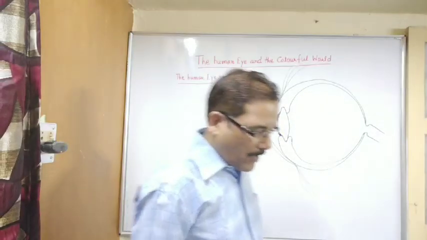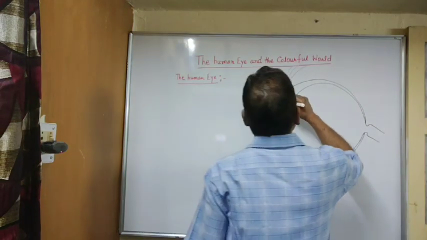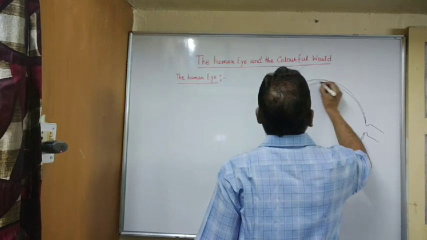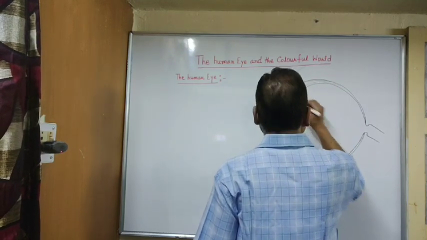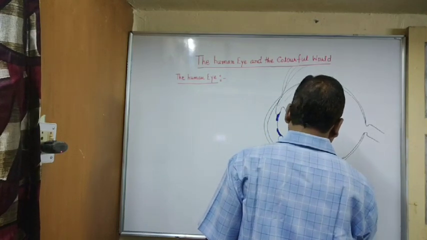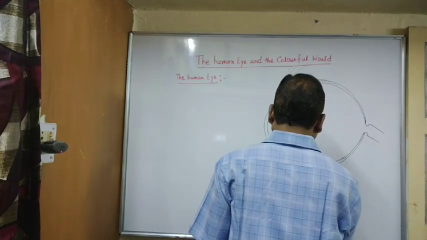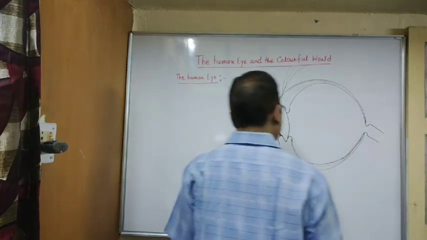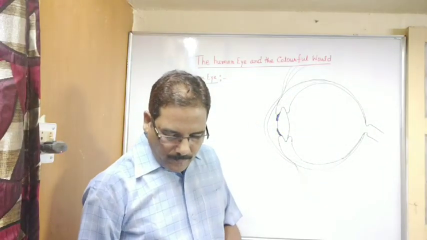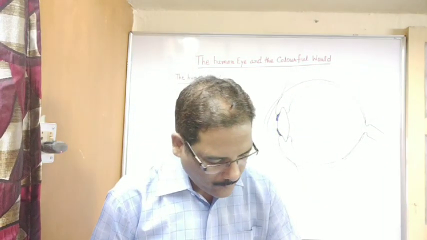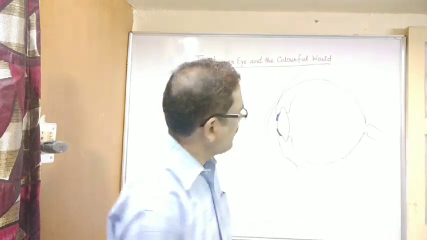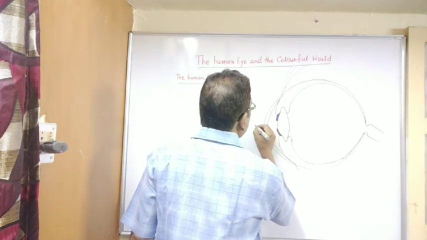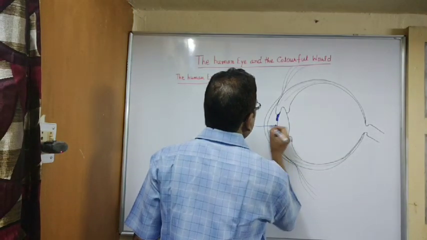Then you have to label it. There is a gap in between the iris. This is known as the pupil.